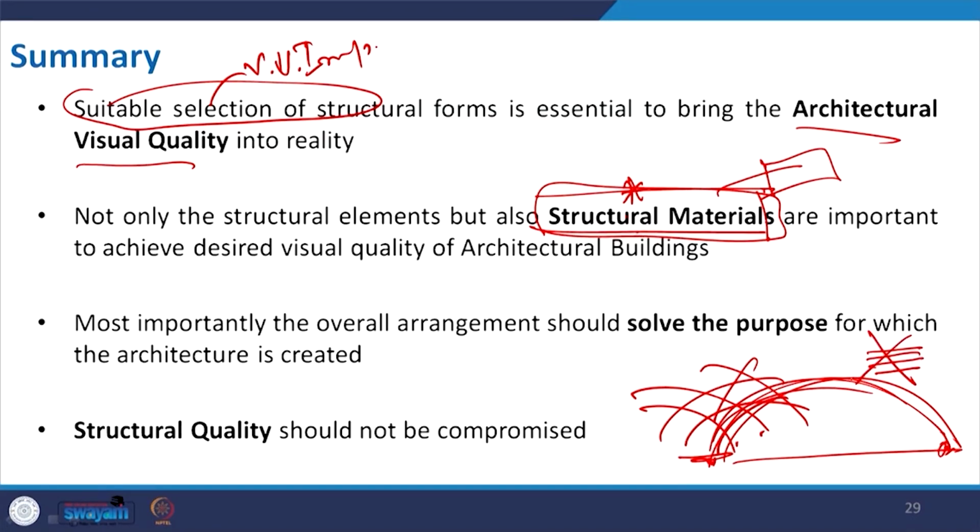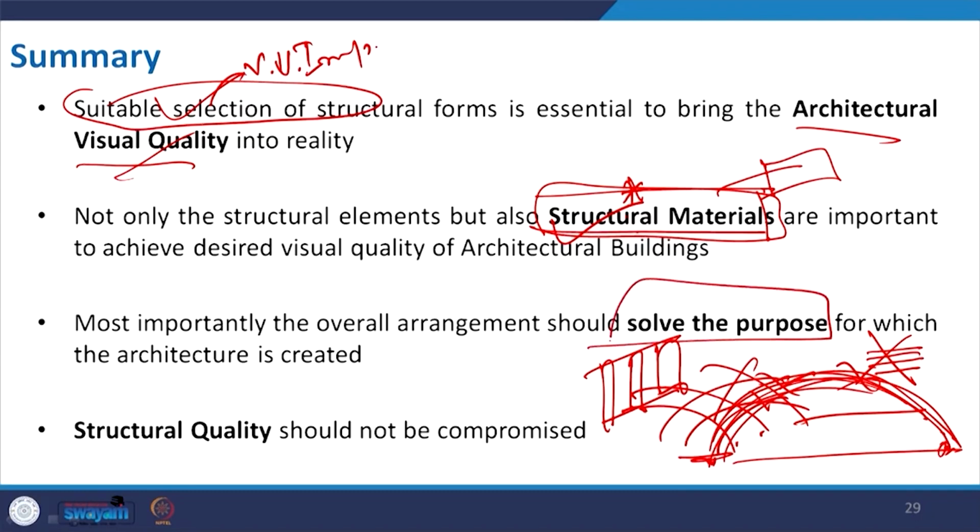Then we have to select the best option, whether it is a truss or a space frame, or sometimes you need something very bold and very closely placed, then maybe these are not used. So, we have to understand the structural material, the suitable selection of structure, maintaining quality, and the purpose to be solved without compromising it.